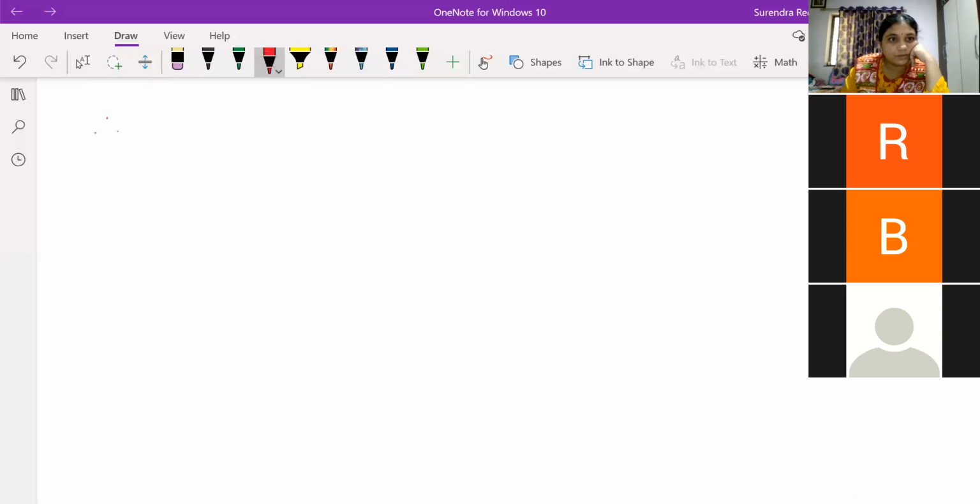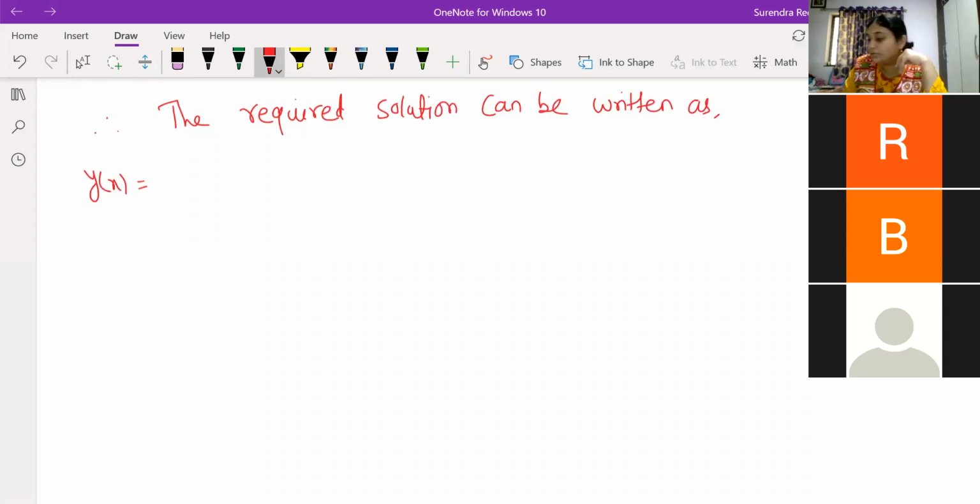Therefore the required solution can be written as y(x) is equal to, now I will collect all the coefficients of A0.